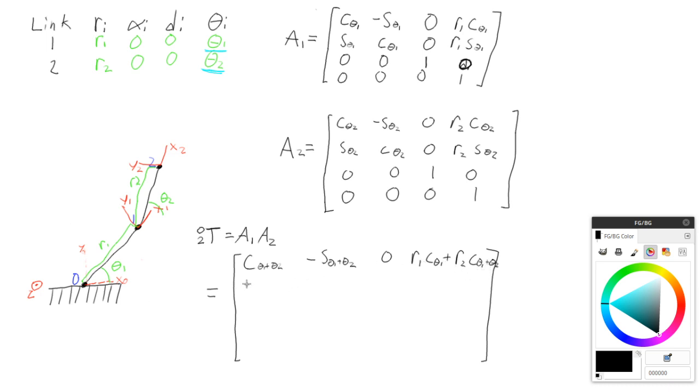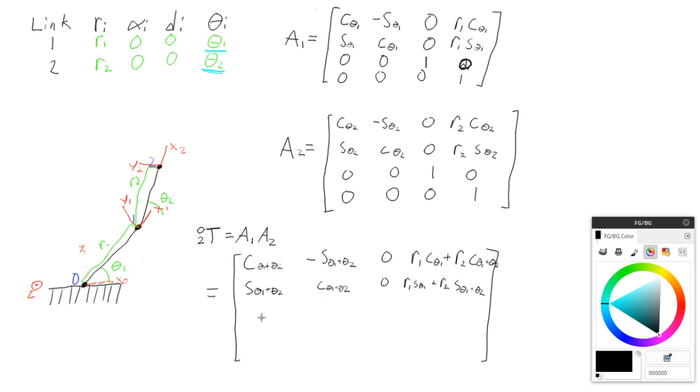In our next row, we've got sine theta 1 plus theta 2, cosine theta 1 plus theta 2, 0, R1 sine theta 1 plus R2 sine theta 1 plus theta 2.